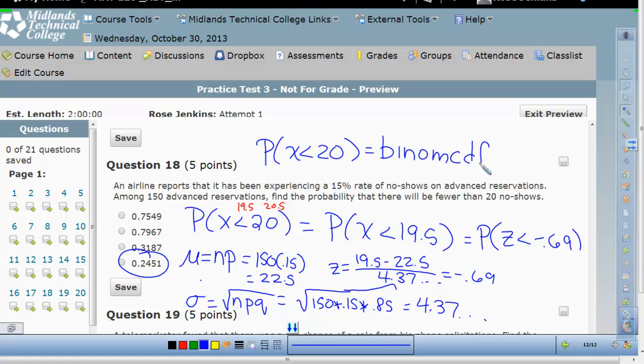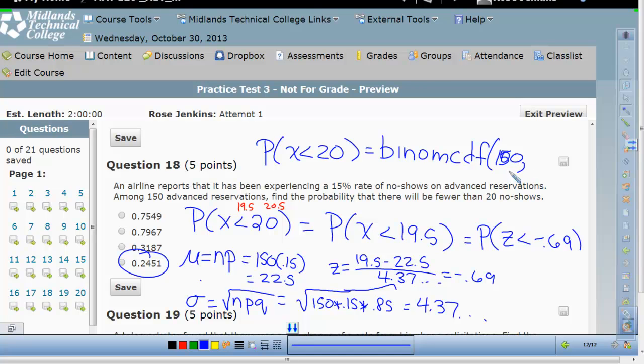19. So I can use, remember, binom CDF? It's the cumulative binomial function. And it's going to calculate for me probabilities from 0 up to whatever x I specify and add them up for me. Okay, so n in this case is still 150.